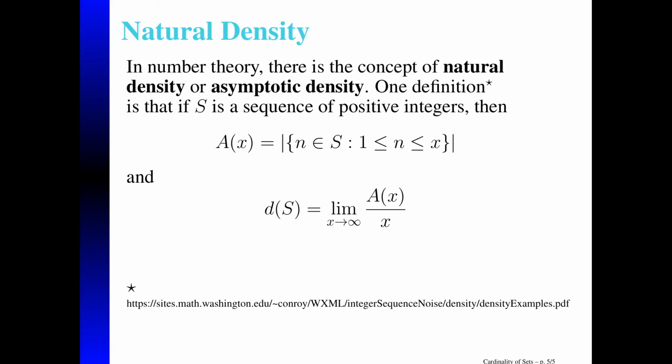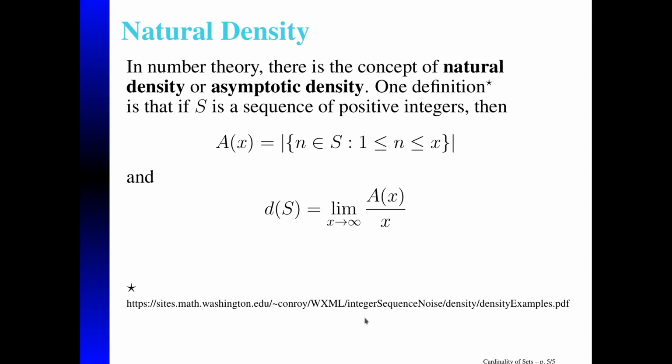Well, there is a concept in number theory that's closer to what your intuition would be. And that idea is called the natural density or the asymptotic density. You can find different definitions online, and sometimes I also talk about the lower asymptotic density or the upper asymptotic density.